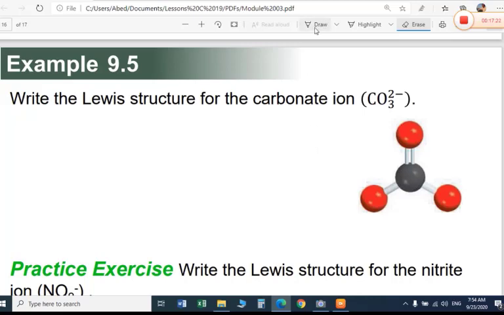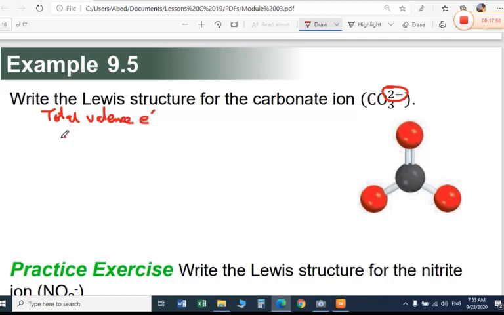Okay, so now the carbonate ion. This is an ion, so we have 2 charge here. Remember, this is the difference between the previous question and this question: it has charge. So again we make the total of valence electrons. Carbon has 4 electrons outside, and oxygen has 6 multiplied by 3.